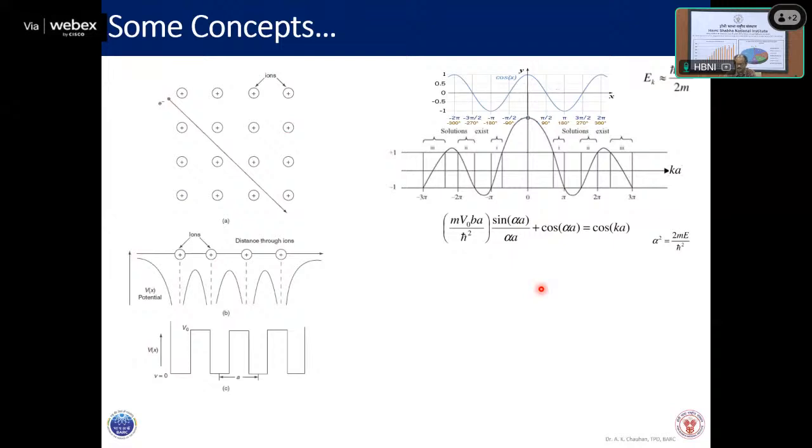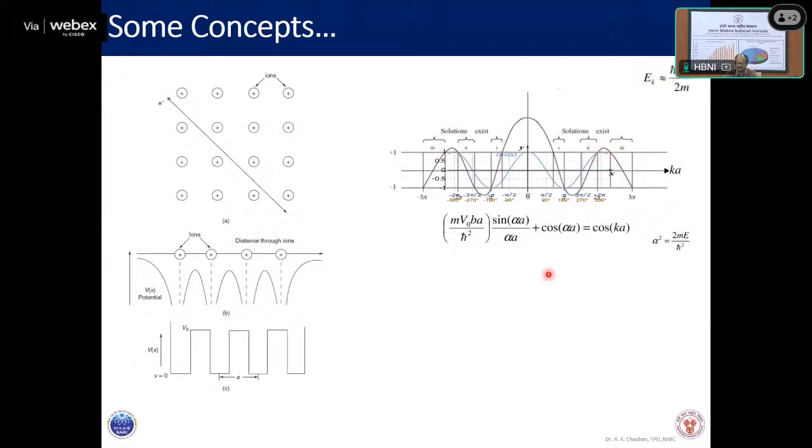And therefore, from this value to this value, and from this value to this value, the solutions will exist. But when the left-hand side value is higher than 1, the solution will not exist. So this will be breaking.